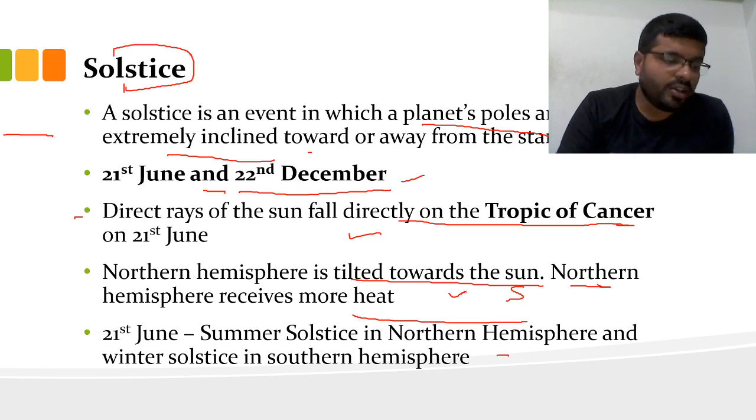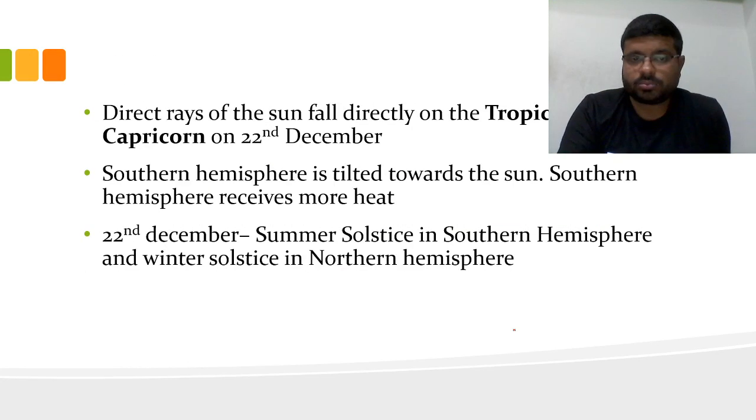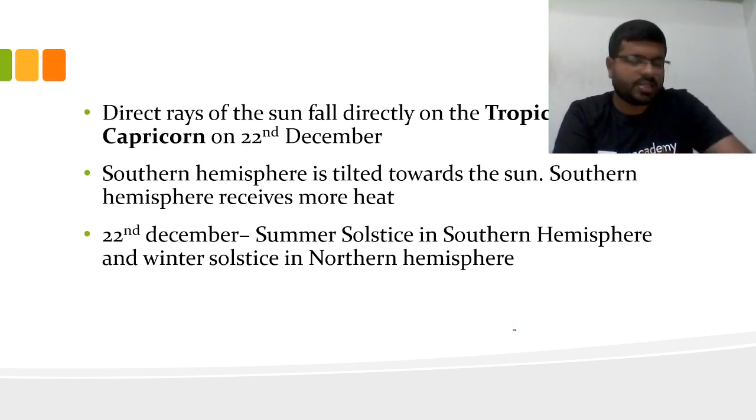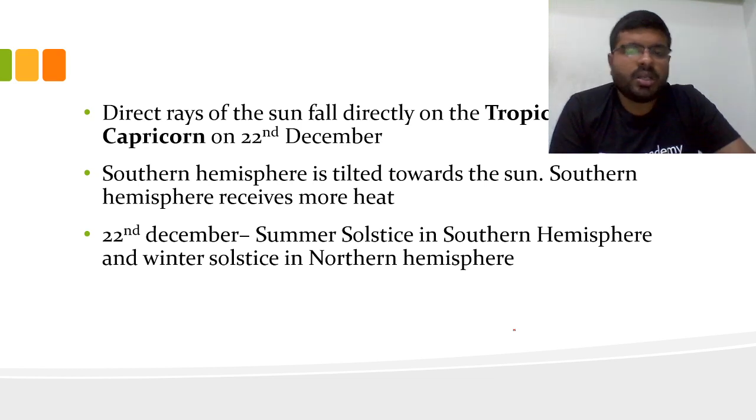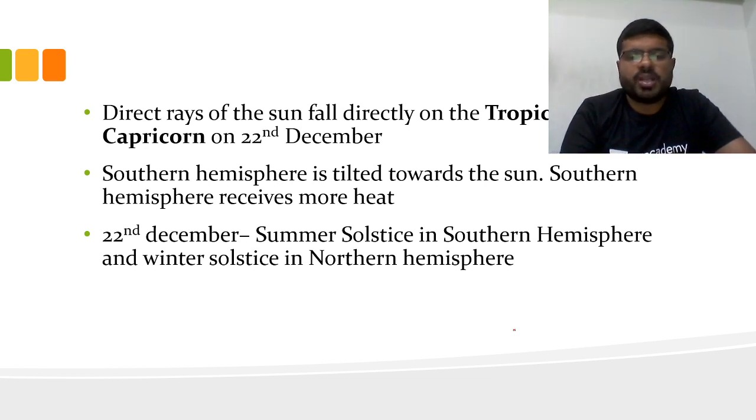Why? Seasons are varying. Then direct rays of the sun fall directly on the Tropic of Capricorn on 22nd December. The southern hemisphere is tilted toward the sun and receives more heat. 22nd December is the summer solstice in the southern hemisphere and the winter solstice in the northern hemisphere.